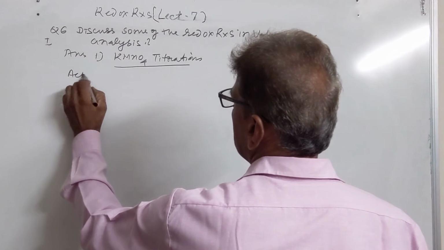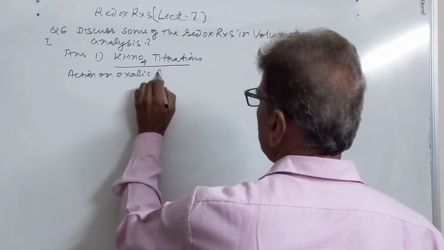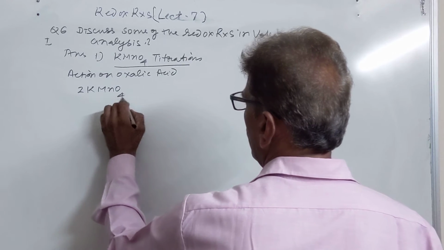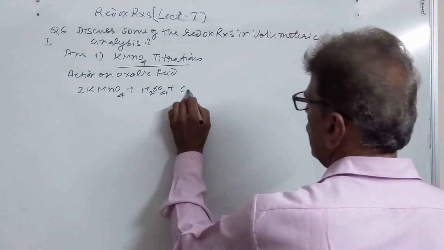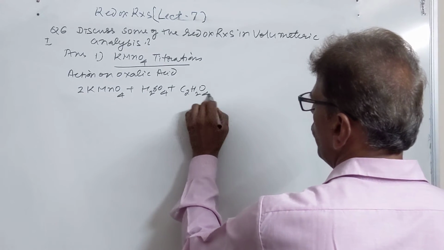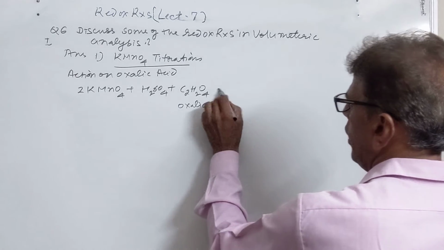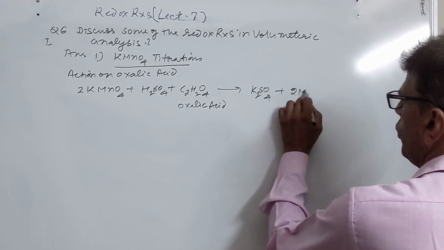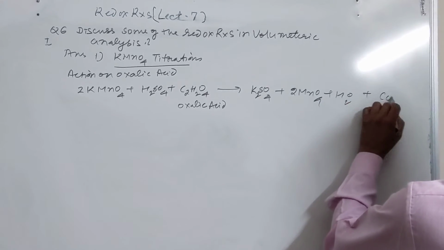Action on oxalic acid. So we have 2KMnO4 plus H2SO4 plus C2H2O4. This is oxalic acid. They combine to give you K2SO4, 2MnSO4, H2O plus carbon dioxide.